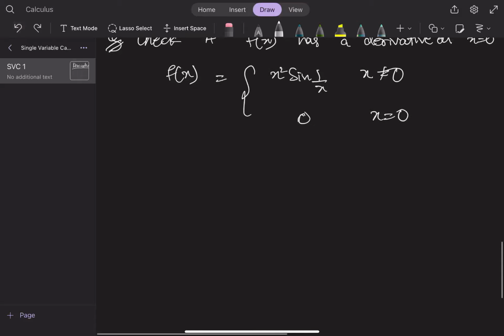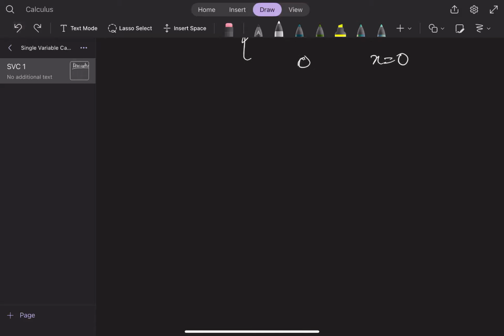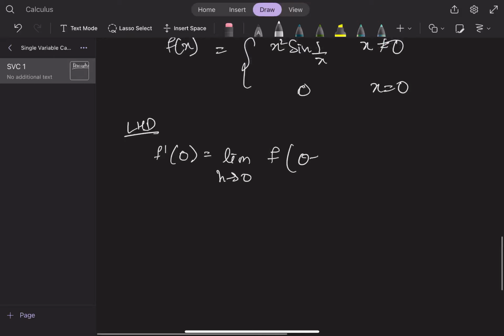So what we need to do, we need to find both LHD and RHD. So let's start with the LHD. So f dash 0 is equal to limit h tends to 0, f of 0 minus h minus f of 0 divided by 0 minus h.